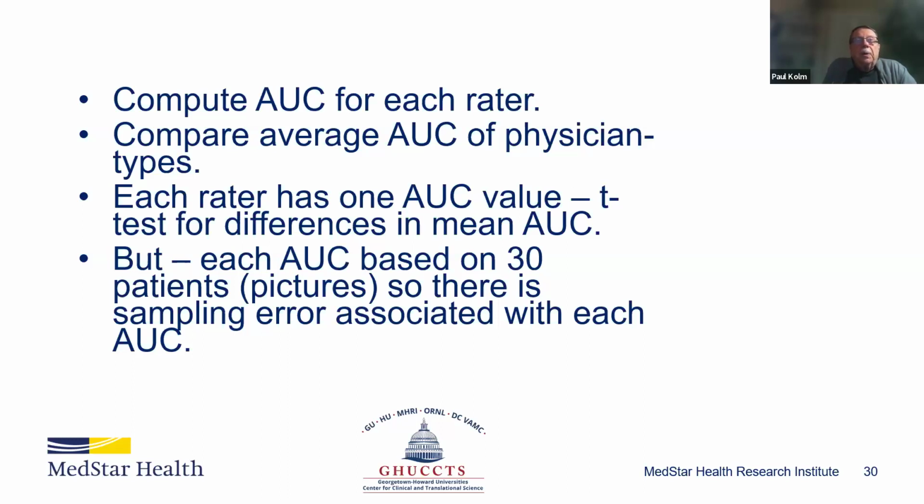And so we want to come up with, for each rater, one AUC value, and then we can just do a t-test for differences in the mean area under the curve. But remember that each area under the curve for each rater is based on 30 patients or 30 pictures. So we have sampling error associated with each AUC within each participant.